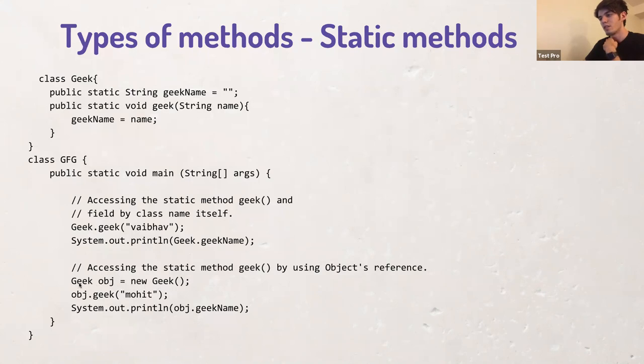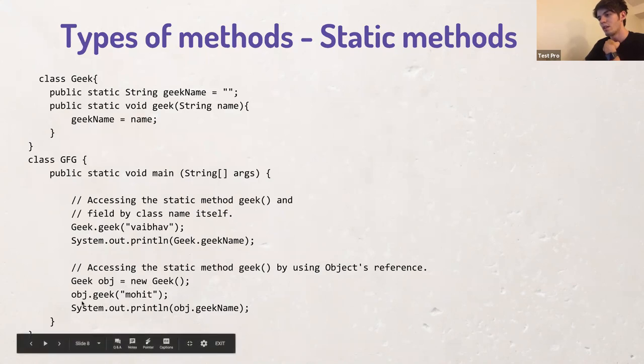As you see here, it has a type of the object. It's called a Geek, and it's actually initiating the new instance here, after adding the new keyword. And also after that, you can interact with that.